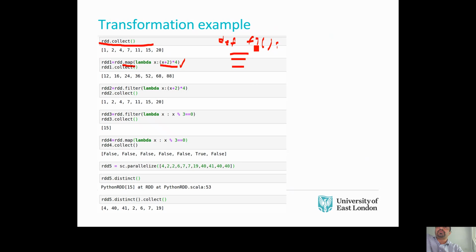It means you call function f1 and apply it over your data. Guys, but there is a simpler way. You can use lambda. Lambda is an anonymous function in Python. Let me put x here because I have to have x, and here would be x plus 2 and multiply by 4. It would be something like that, right?